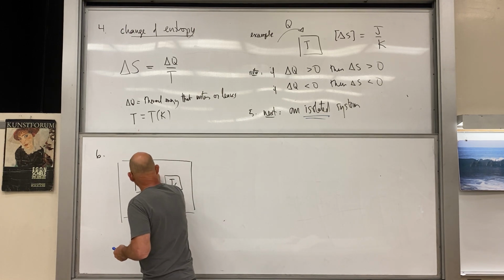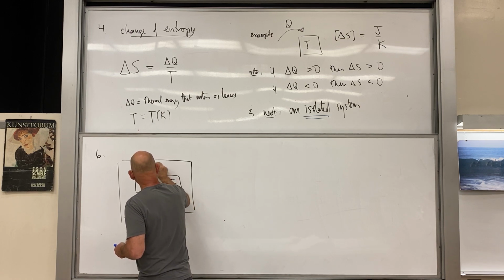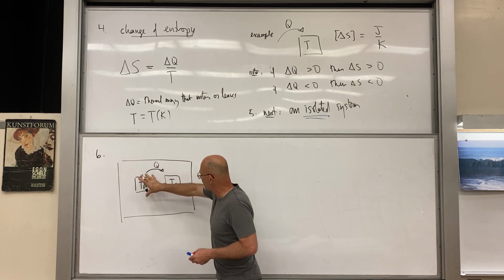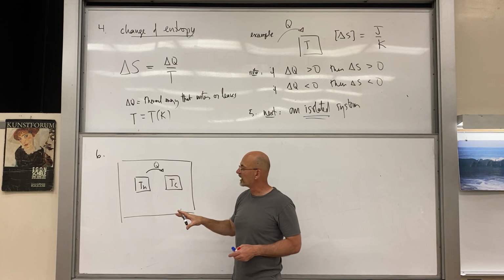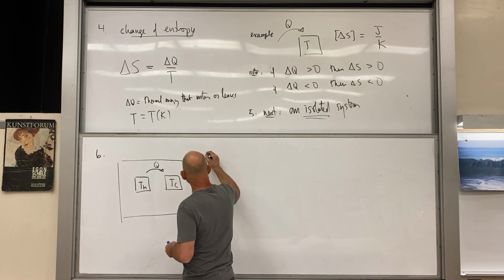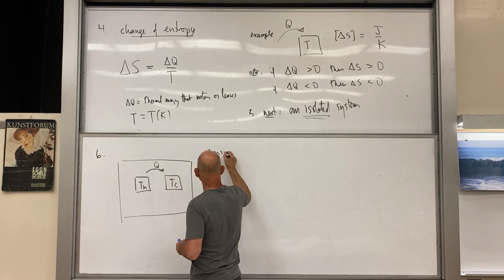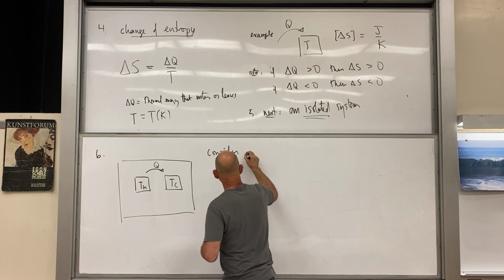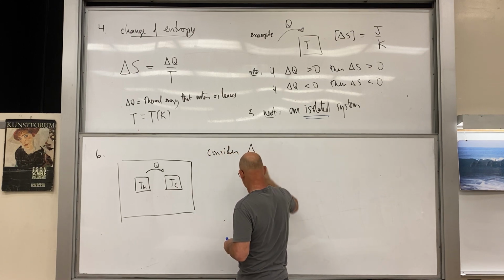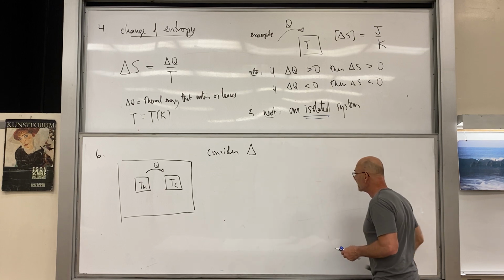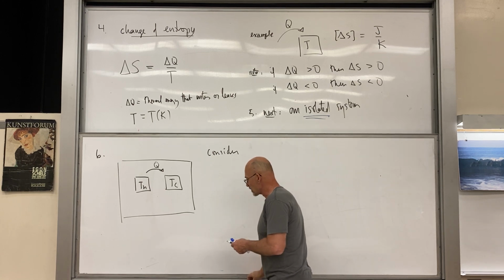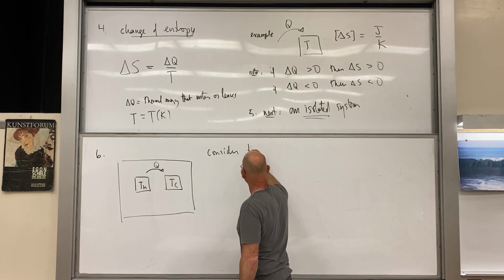And we know that thermal energy goes from the hotter to the colder. So what we're going to do is consider the total entropy change. I'll write it out in words.